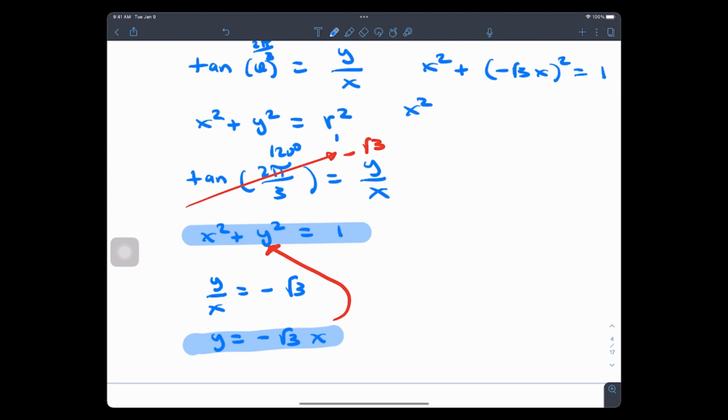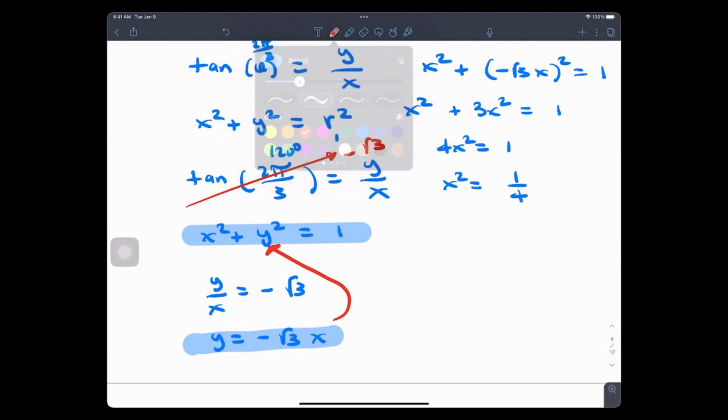So your x squared becomes plus 3x squared, equals 1. Combine your like terms. 4x squared is 1, which means x squared is 1/4.